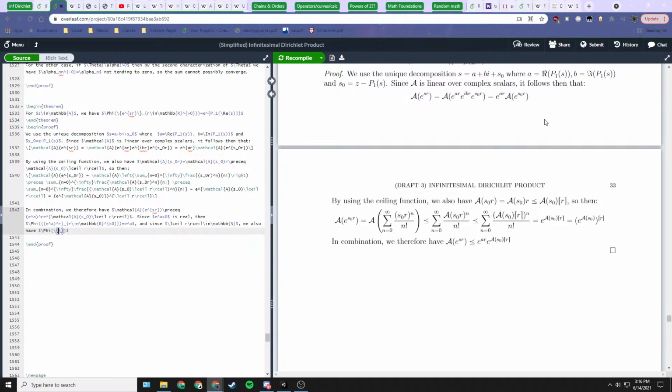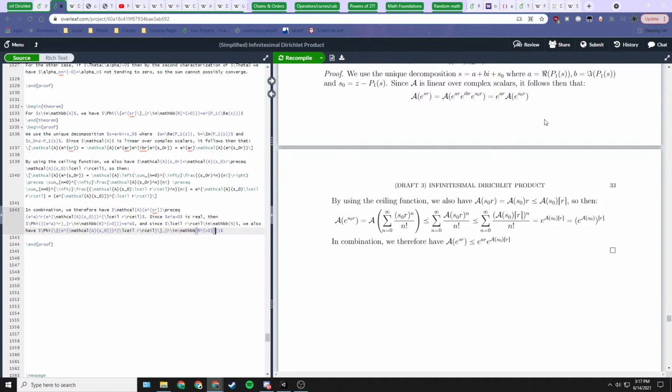We have, let me fix this, there should be just like that. There's this, we also have phi e AS0 in terms of R in R positive.